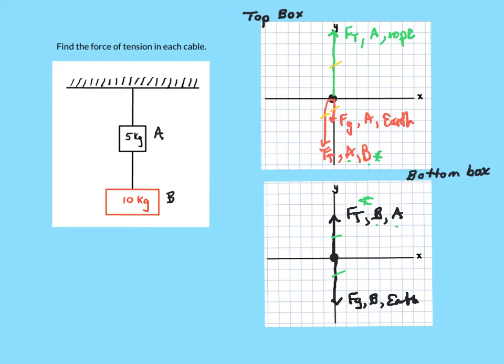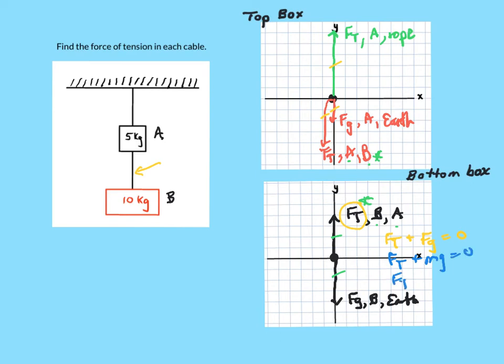So starting with the bottom, okay, we want to know the force of tension in this cable right here. Well, we can say the force of tension plus the force of gravity equals 0, okay? So the force of tension plus mg equals 0.